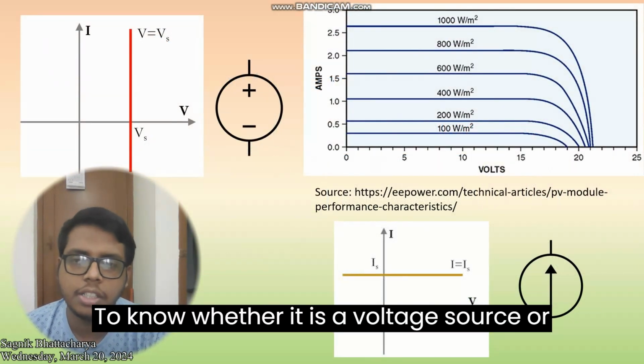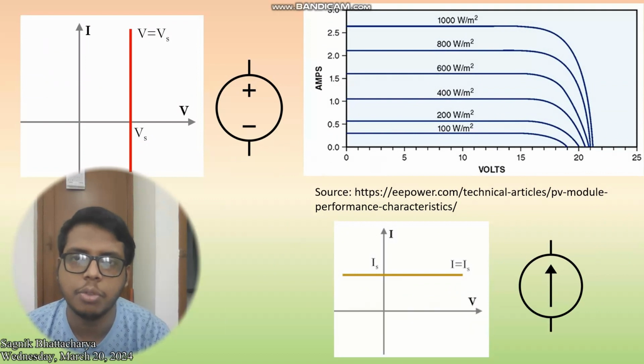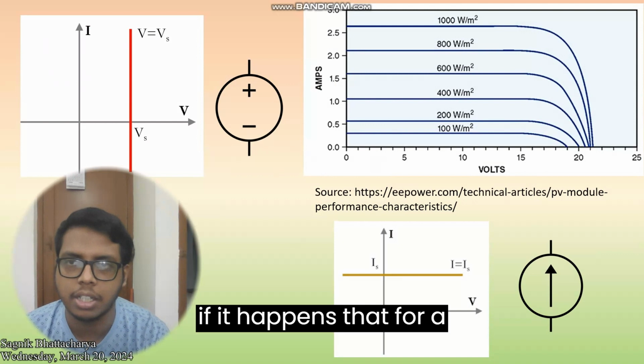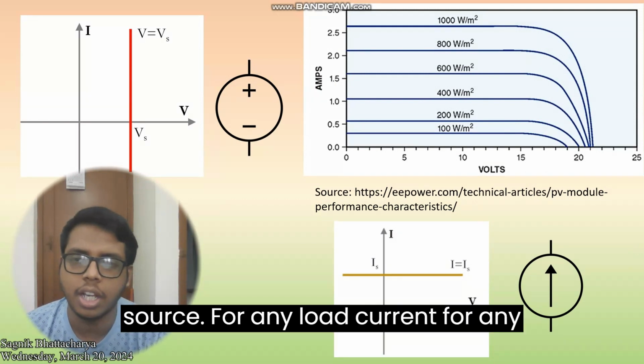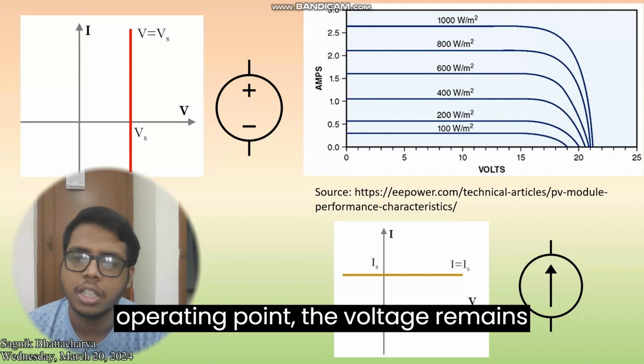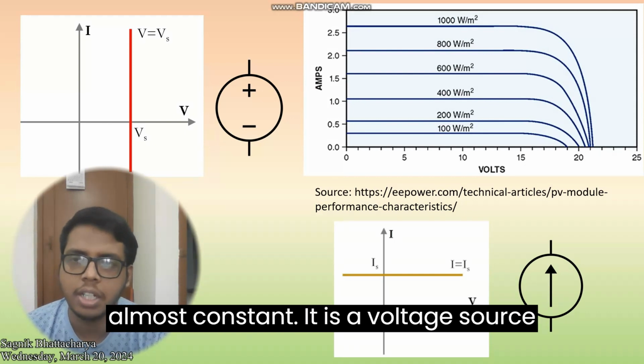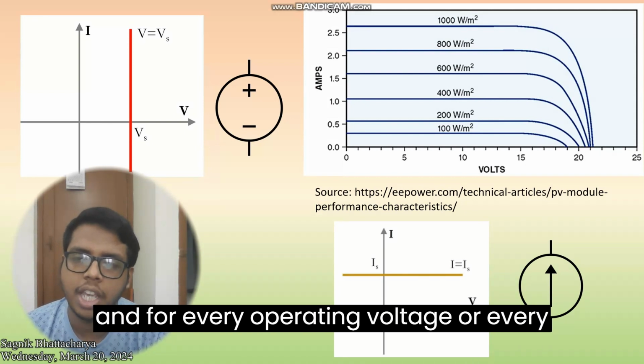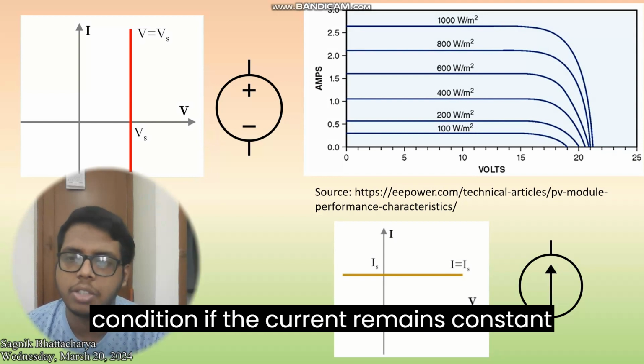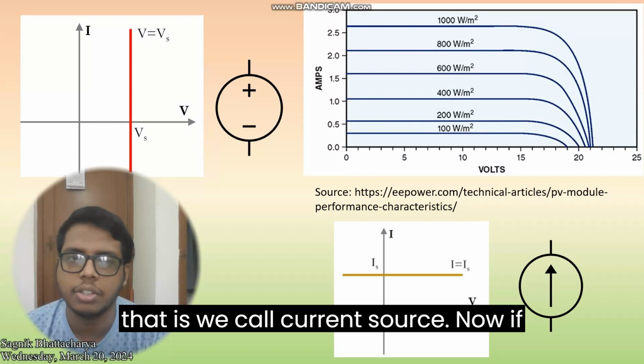To know whether it is a voltage source or a current source, we have to look at the characteristic, that is the IV or current-voltage characteristic. If for any load current, for any operating point, the voltage remains almost constant, it is a voltage source, and if for every operating voltage the current remains constant, we call it a current source.